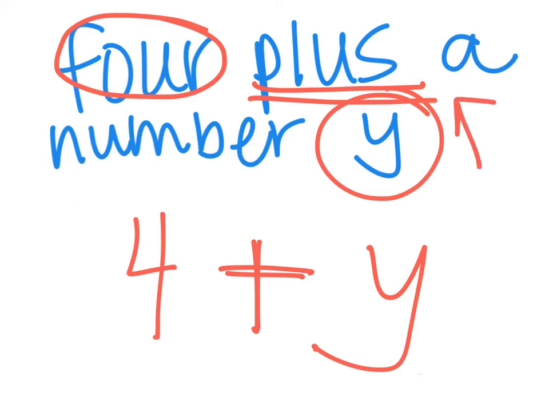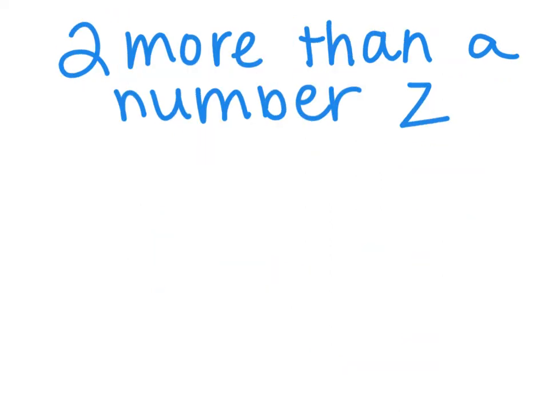And really all you need to do is read it to yourself, read it out loud, and use what you know about operations and numbers in order to think how you would take that word phrase and turn it into a math phrase, an algebraic expression. In this case, things are a little bit trickier.